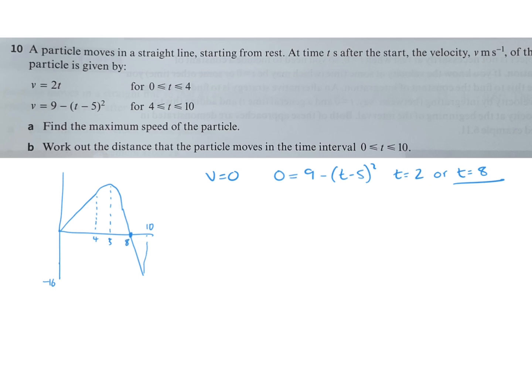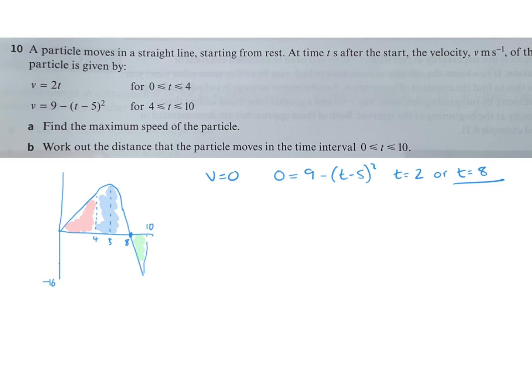Now, to calculate the distance travelled, we're going to find the area under the graph. You can see where I've highlighted, we've got 3 distinct areas: between 0 and 4 seconds, between 4 and 8 seconds, and between 8 and 10 seconds. The first section is the expression v equals 2t.